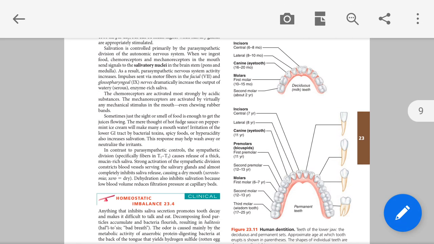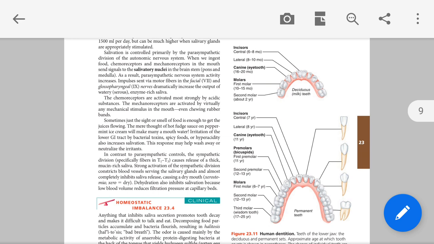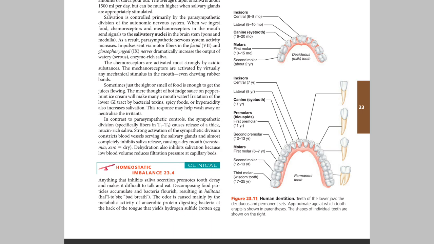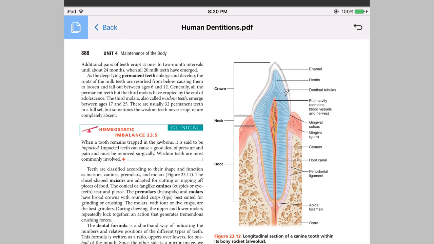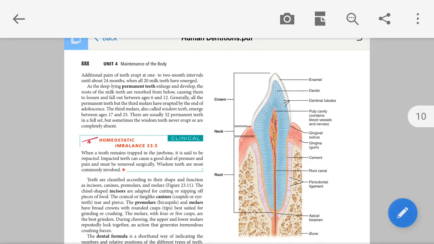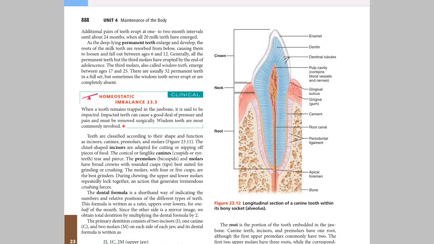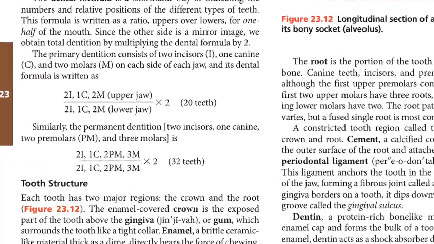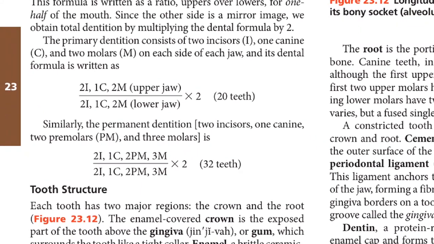It is actually repeating, but anyway you can go through this figure also. Then, in my previous lecture we discussed this, but this is the longitudinal section of the canine they are showing. And this one is the dental formula. The first one is the primary dentition.